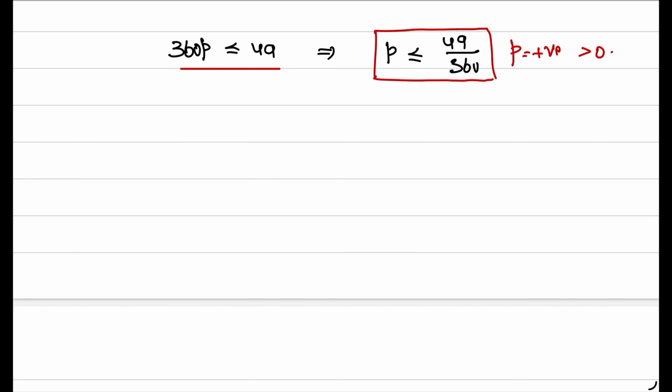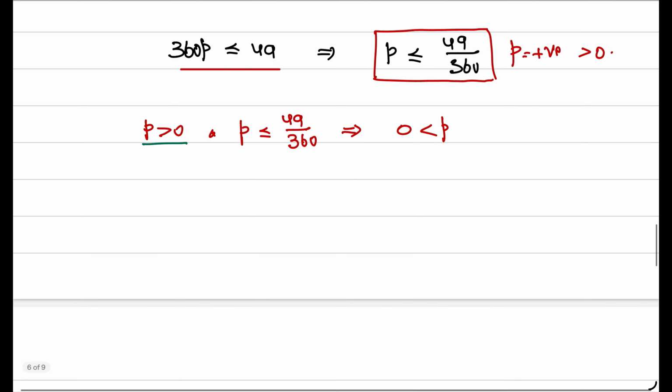From the positive roots and the real roots conditions, we got that p is greater than 0 and p is less than or equal to 49 by 360. This can be written as 0 is less than p, because here we have reversed the inequality. 0 is less than p is less than or equal to 49 by 360.